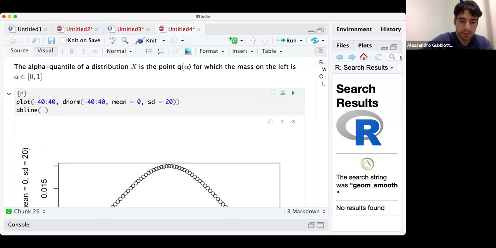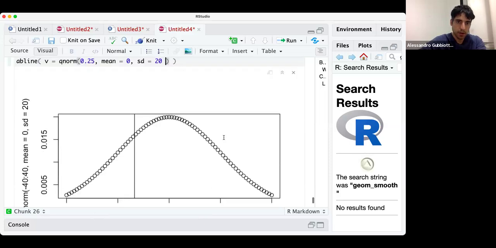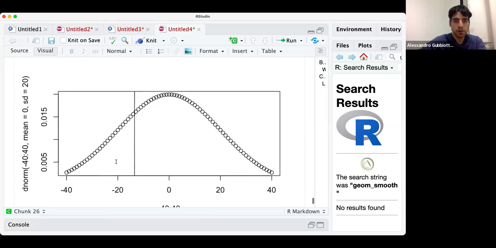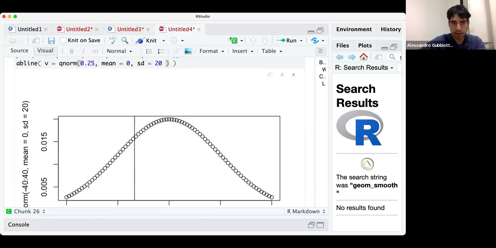at the quantile of order, say, qnorm of 0.25, and I take the same distribution, so I put the mean 0 and the standard deviation equal to 1. You see, on the left of this point there is 25% of the mass.